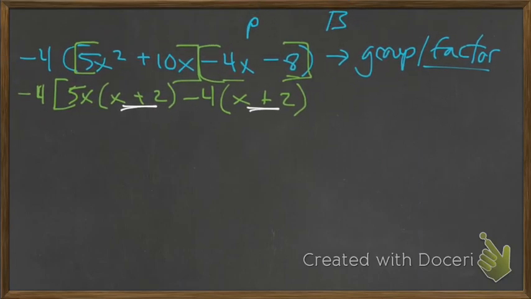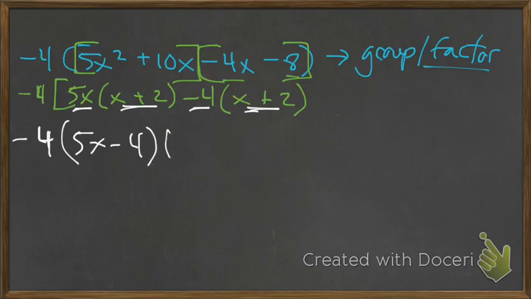So the only thing that happened between these two steps is that we took these two groups and factored them out. And I've got x plus 2 here and x plus 2 here. And I'm left with, I'm going to keep my negative 4, bracket, 5x is there, subtract 4, multiplied by x plus 2.